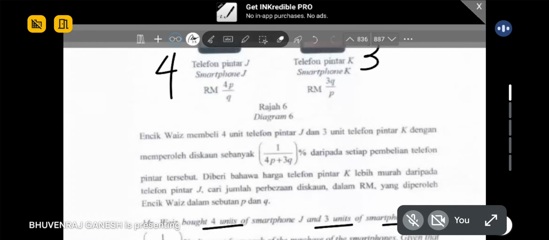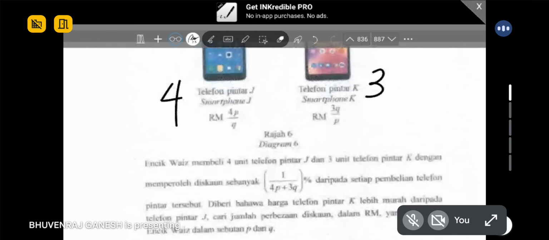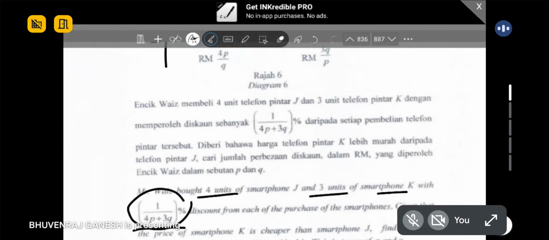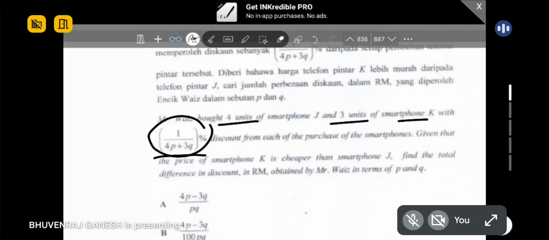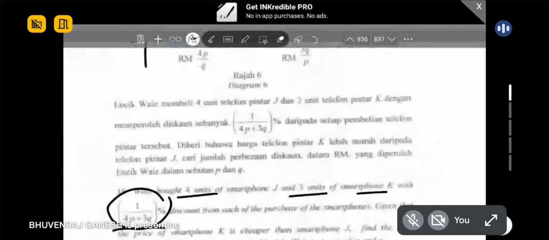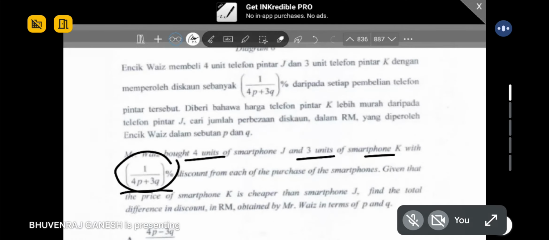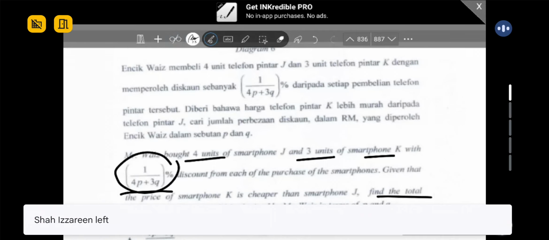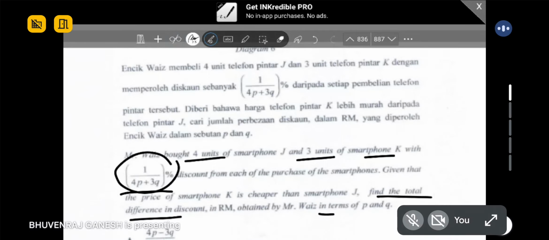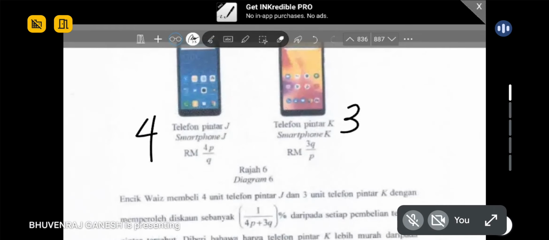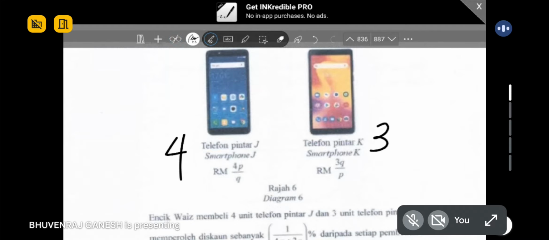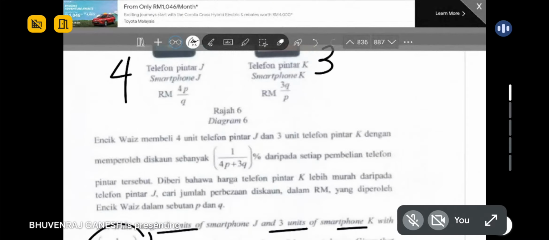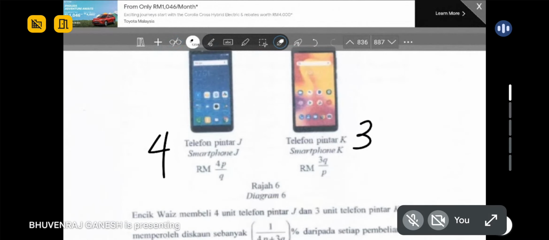Okay. So, satu, kamu beli, ada diskaun yang ni. So, kalau beli 4, ada diskaun yang lebih lah. Okay, so, total difference, jumlah beza discount in term of P and Q. Okay, so basically kalau beli 4, kena darab 4 lah. Okay, you guys must times 4.